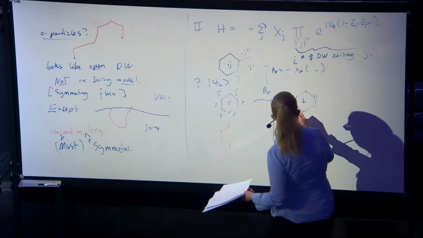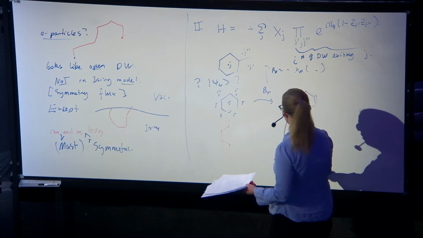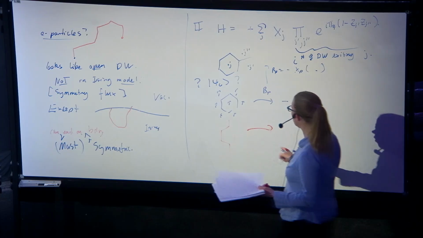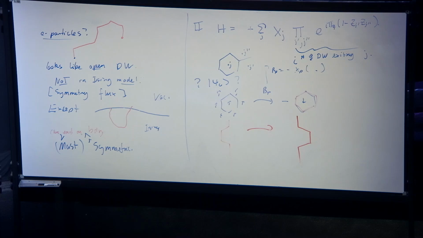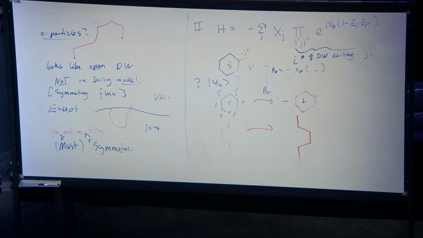And so here I'm going to get a plus sign. The loop's just going to wiggle. And then we can look at the other ones. Remember, the number of domain walls has to be even, so we don't have to think about any situation where we get factors of i here.